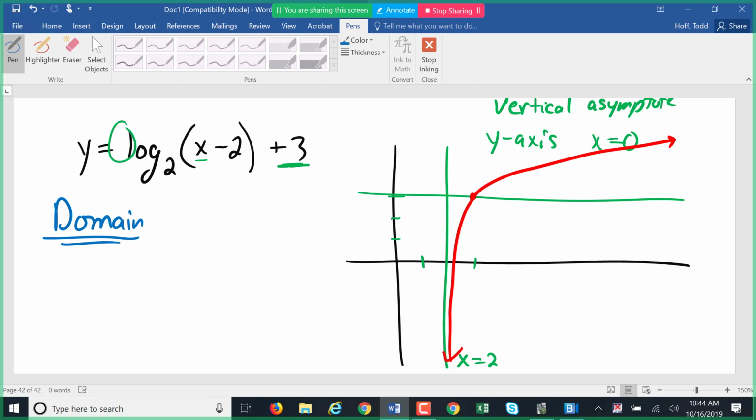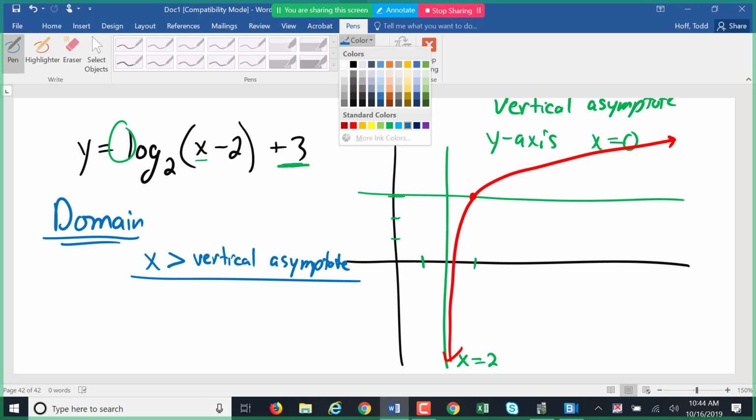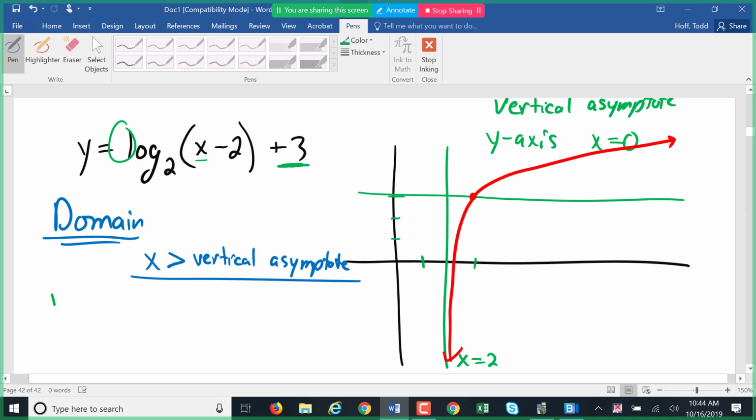Our domain is for values of x that are greater than that vertical asymptote. The range, however, now can go from negative infinity to positive infinity.